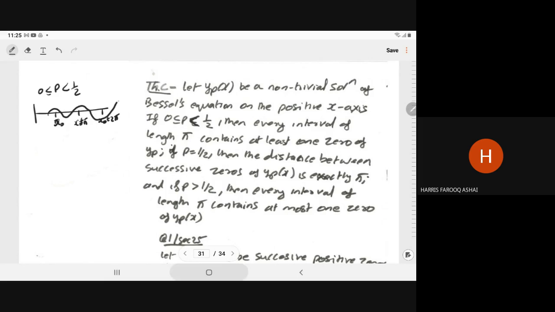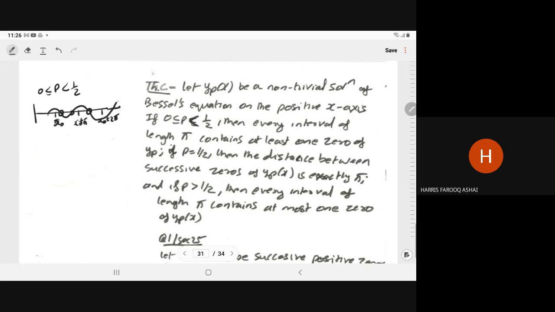It may be more than one, but at least one it must be. If p is greater than or equal to 0 but less than half, then every interval of length pi contains at least one zero of yp.